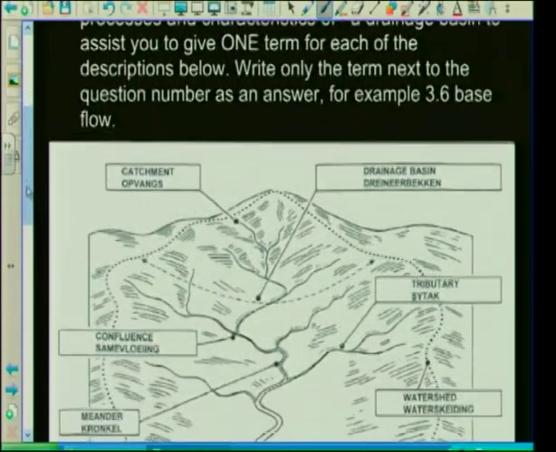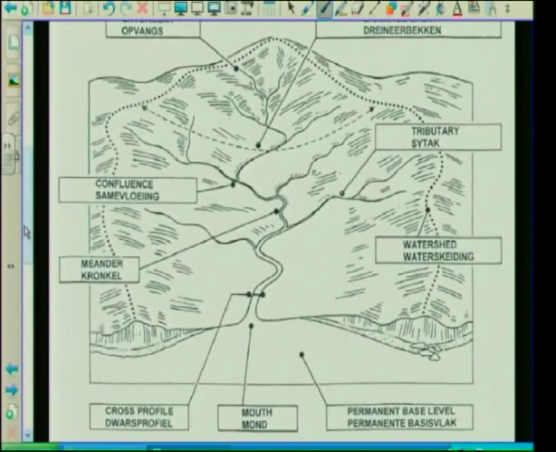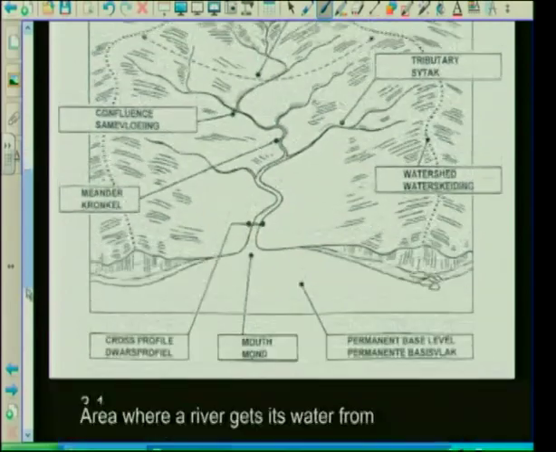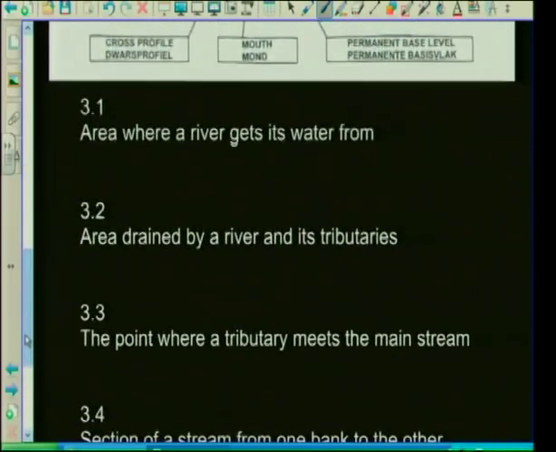So, once again, we are looking at these one-word answers that are the easy knowledge sort of questions that you can get a lot of marks in. Okay, so what we'll see here is a river within a valley flowing from its source to its mouth. And we've got a lot of labels on the map, and we are now going to have to match these labels to the statements that have been given to us.